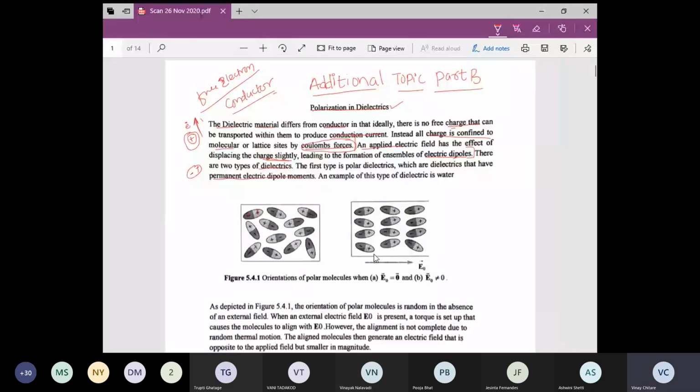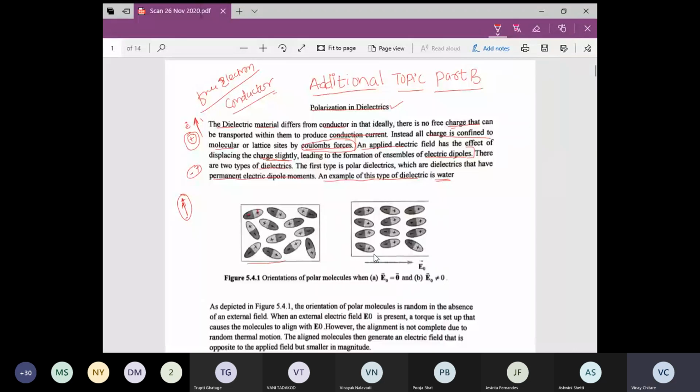Yesterday we discussed what we mean by dipole moment: you have a positive charge and a negative charge, separated by a very small distance. An example of a dielectric with permanent electric dipoles is water, which is shown in this figure.